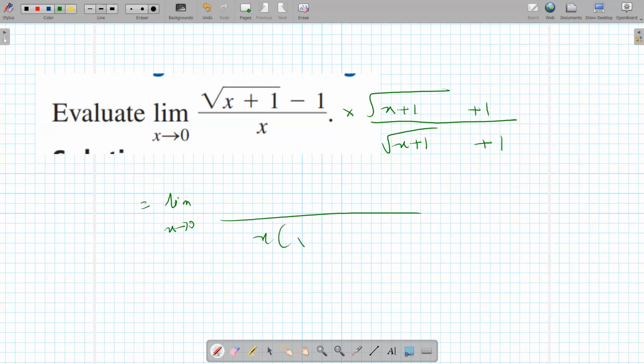So I'm just going to write this as x times square root of x plus 1 plus 1. Use difference of squares. What do we get on the top? See, we have a minus b times a plus b. We get a squared minus b squared. If a is square root of x plus 1, what is a squared?